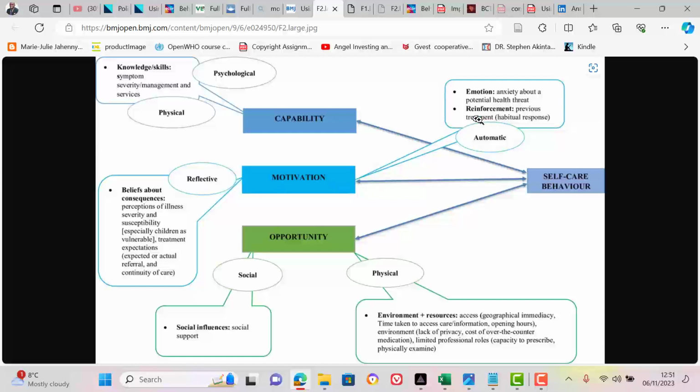Now, automatic motivation is habits, emotions, things that someone does reflexively, like by reflex, automatically. So habits can influence behavior. You have emotion, which can cause that, and then reinforcement.